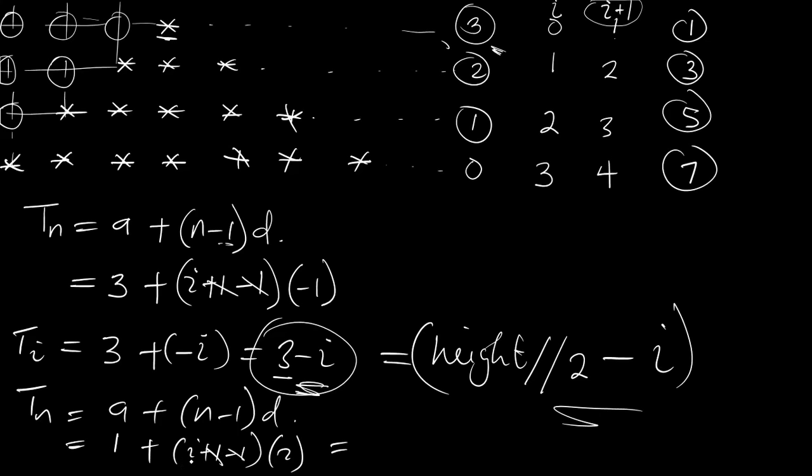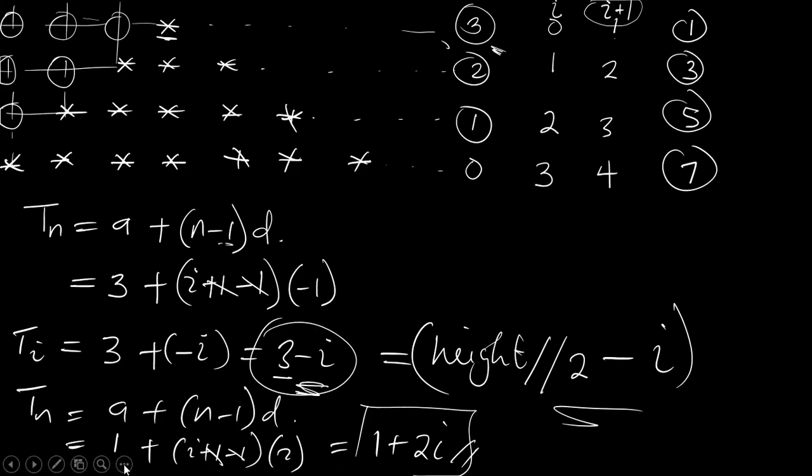You now have only i left here. So you have 1 plus 2i. For all the forms of the diamond, they start with 1. So this 1 is a constant. So this expression applies to all of them, and we are going to use this expression for all of them.